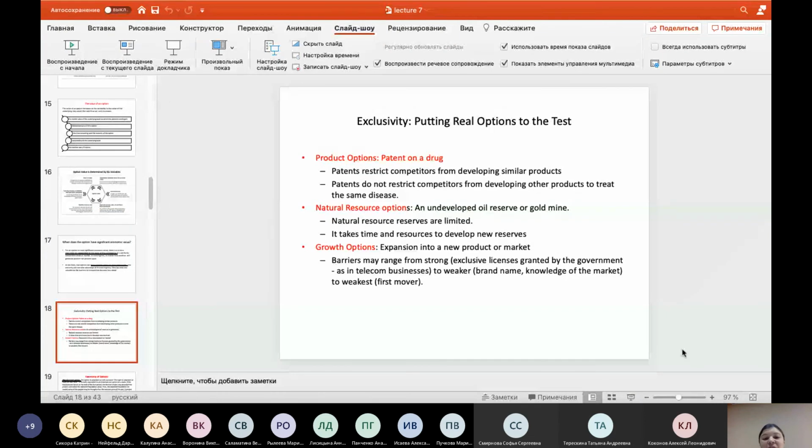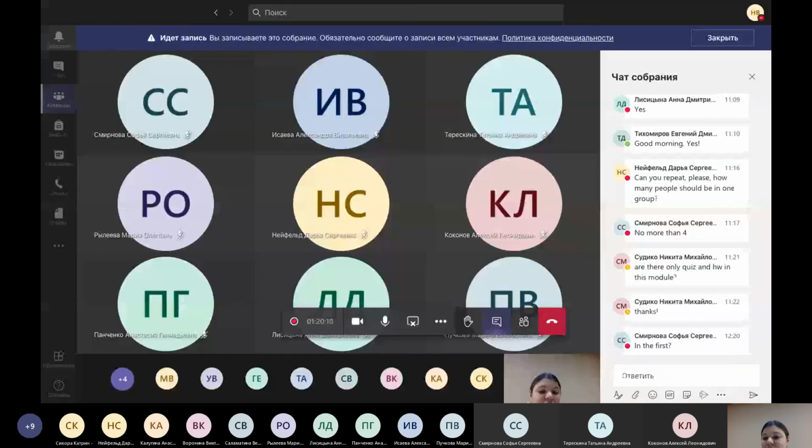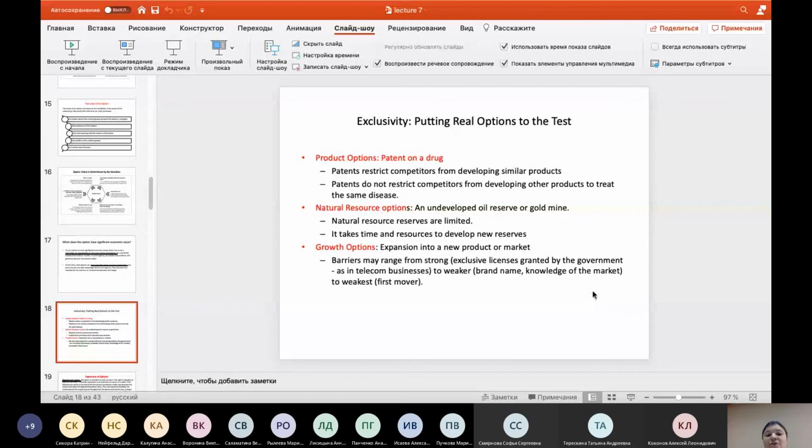Natural resource reserves are limited, or it takes time and resources to develop new reserves. In which cases will our patents or our license be on a higher level of real option, or in which case could we expect the exclusivity?